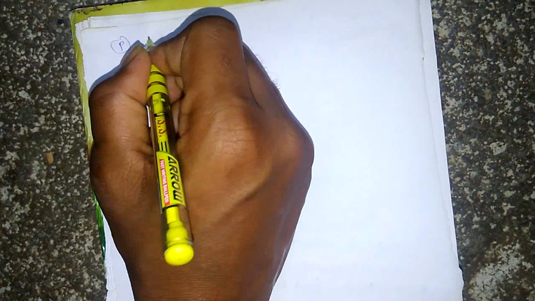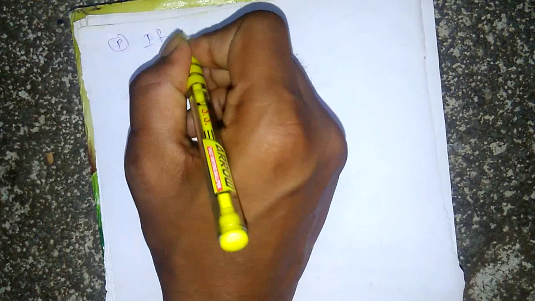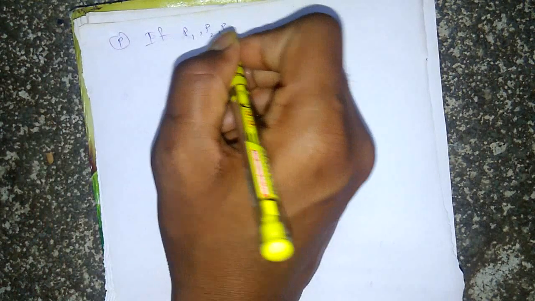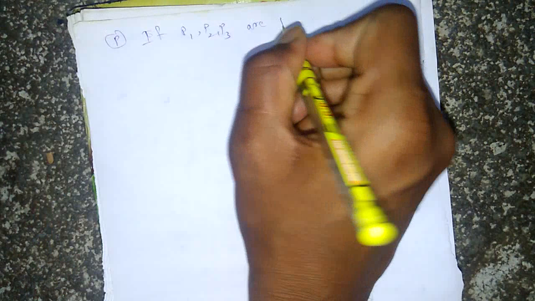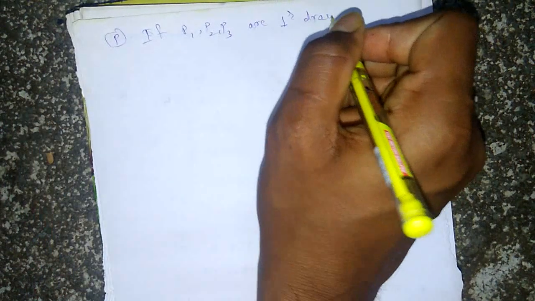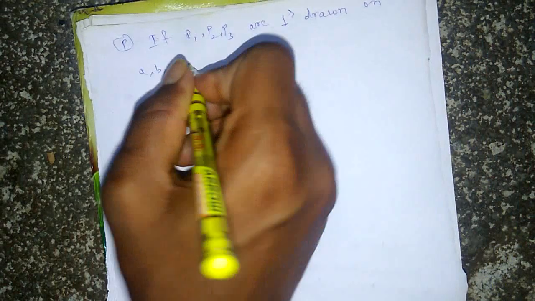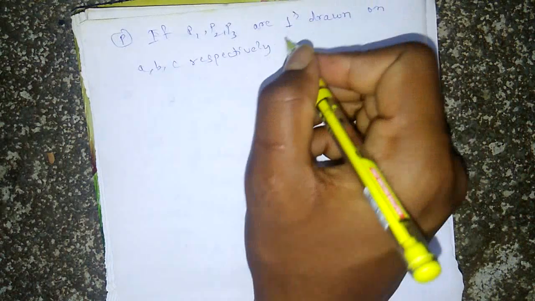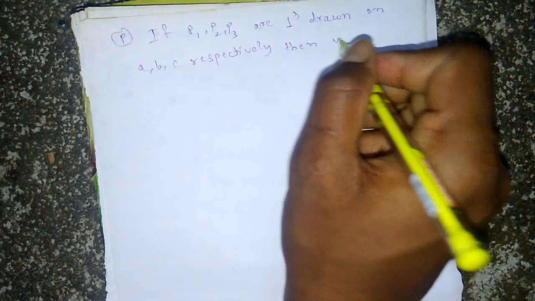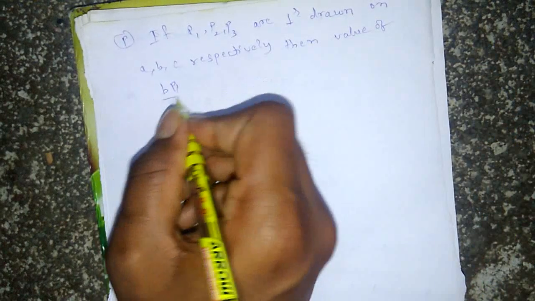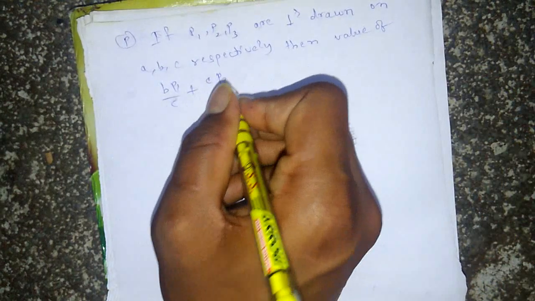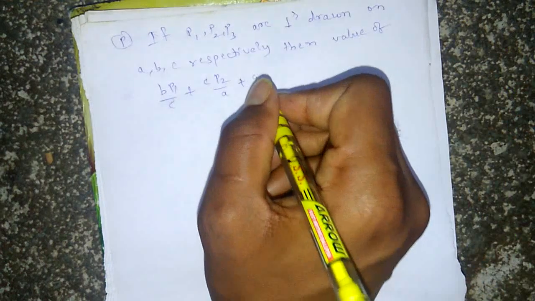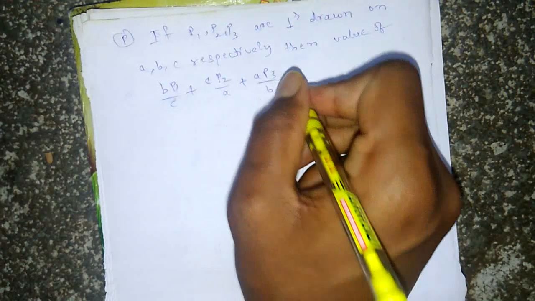Our next problem is: if P1, P2, P3 are perpendiculars drawn on a, b, c respectively, then the value of bP1/c + cP2/a + aP3/b is.